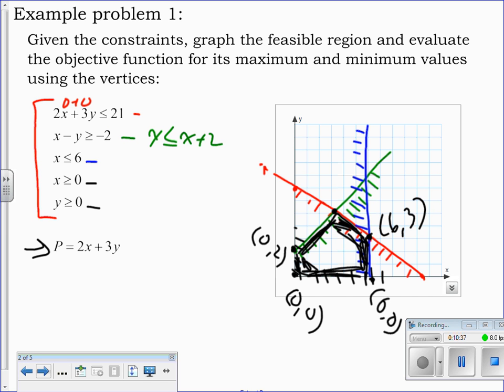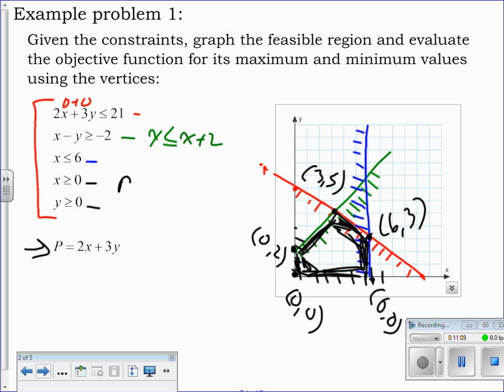So this would be the point 3, 1, 2, 3, 4, 5. 3, 5. I've got 5 vertices, so I have 5 points I need to test. I'm going to try them all one at a time. Which one gives me my maximum P? Which one gives me my minimum P?